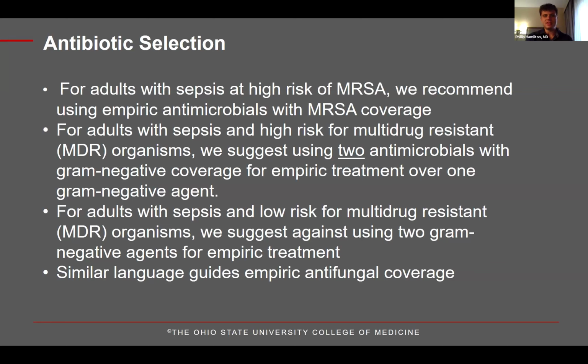And so I think some of these recommendations are also looking for the undifferentiated shocky patient where the patient is so sick that you can't afford to defer antibiotic therapy, in which case a lot of times at our institution you'll start either vancomycin and piperacillin tazobactam or cefepime for your gram-negative coverage.